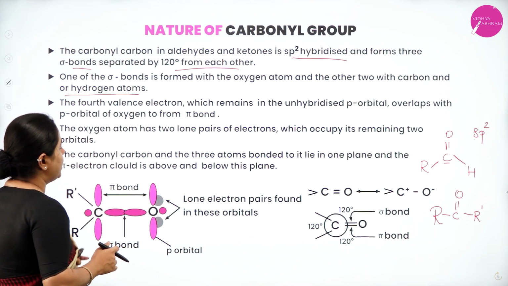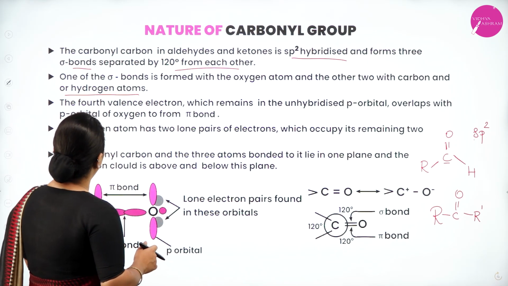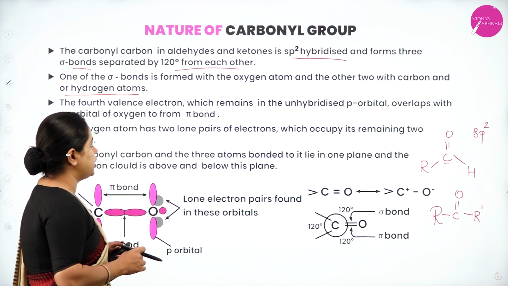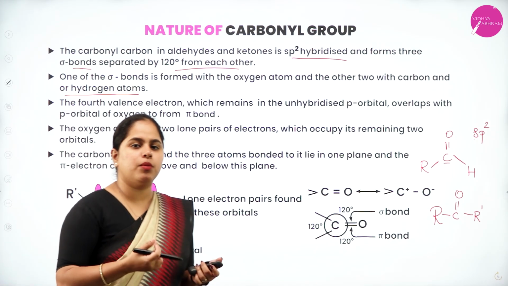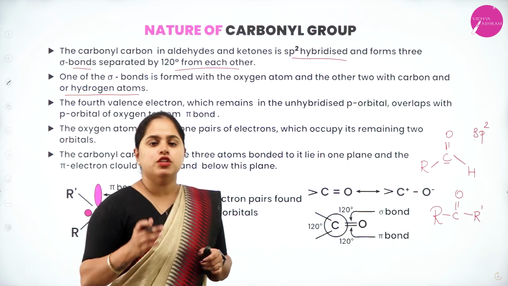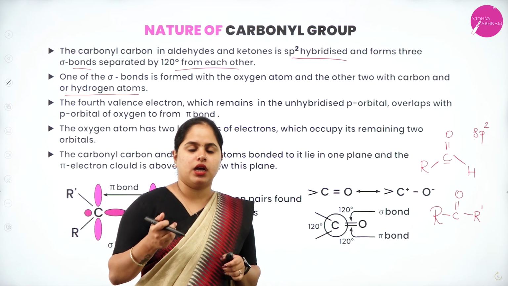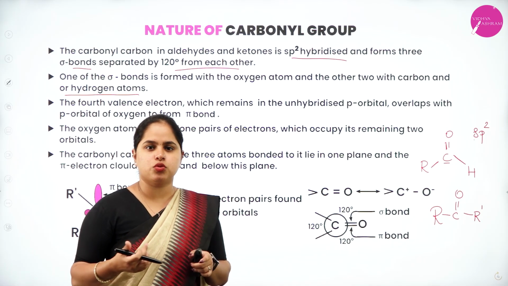Now, the 4th valence electron, which remains in the unhybridized p orbital, overlaps with the p orbital of the oxygen atom to form pi bond. Okay, how the sigma bond and pi bond are formed in detail, we have studied in class 11 itself. So only 3 orbitals of the carbon atom are taking part in hybridization and form 3 sp2 hybridized orbitals.